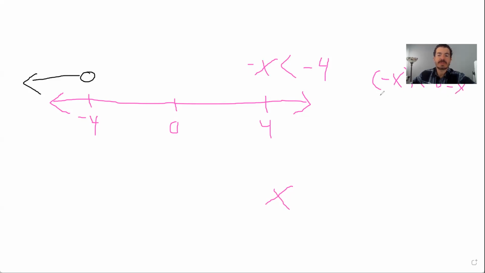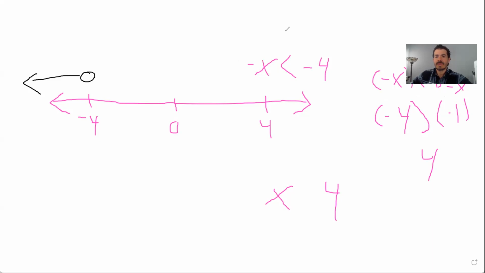And whatever I do to the right side, I have to do to the left side. So I'm going to multiply the -4 by -1 also, and that's going to give me a positive 4.